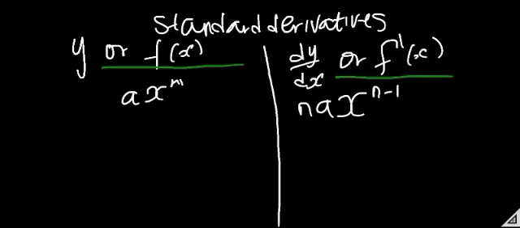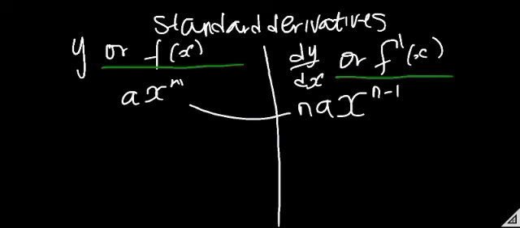So when y is equal to ax raised to power n, the dy dx of that function becomes nax raised to power what? n minus 1. n is the power at which the variable is raised to.